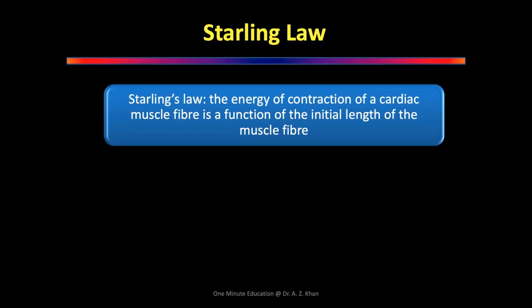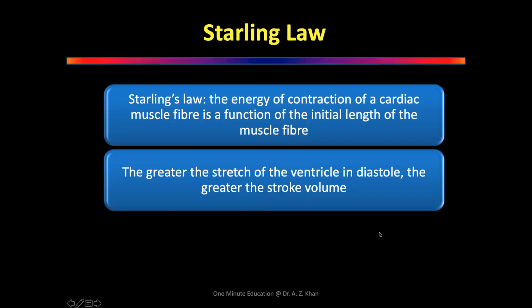So the concept of ejection fraction comes from Starling's law.